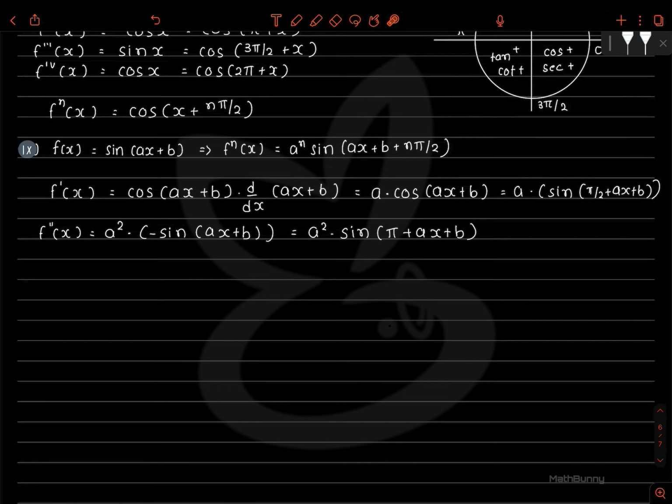So here also, with each successive differentiation, pi by 2 is added in the angle, and the power of a keeps getting increased by 1. So we can write the formula. The nth derivative would be equal to a raised to n into sin(ax + b + n pi by 2).